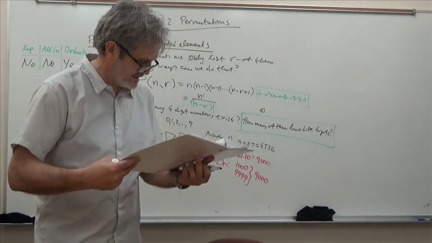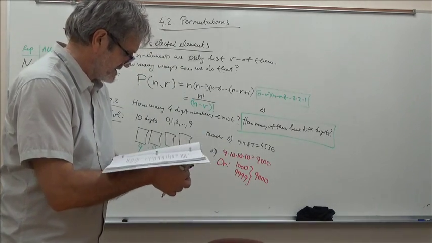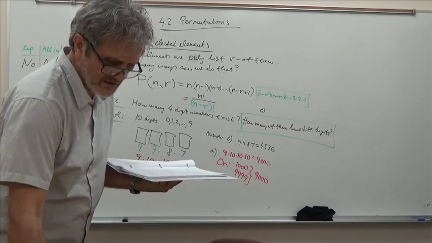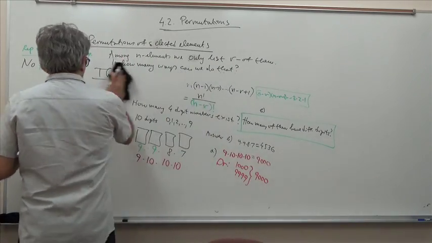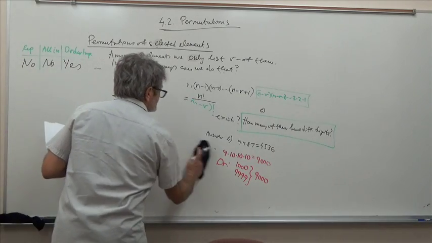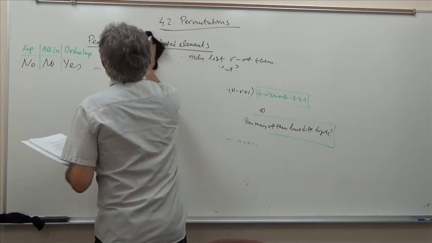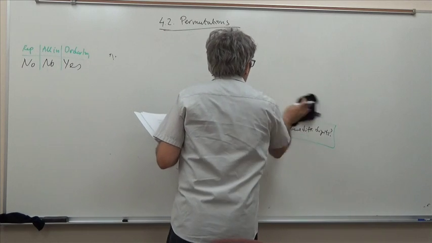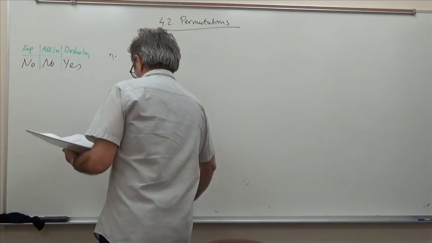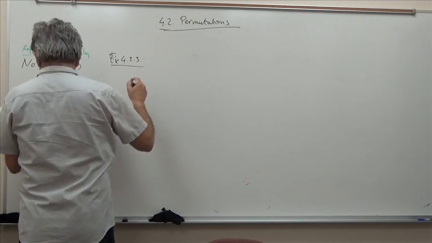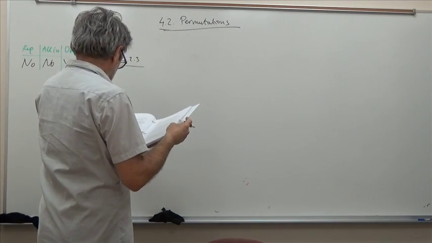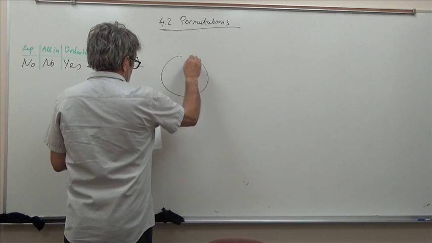All right, let's see, one more problem that's kind of illustrating this. And that's for example 423. It says 6 persons are seated around a circular table.